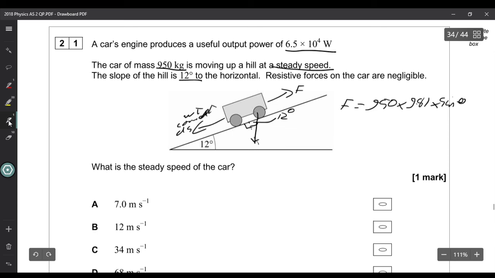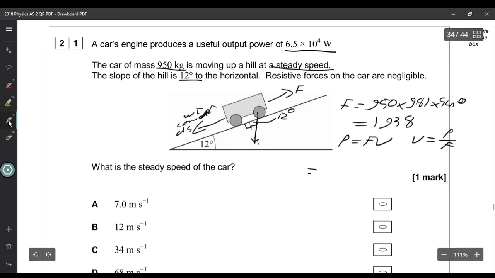So this is going to be the component of the weight down the slope, and that comes out to be 1938. Okay, we also know that P equals FV, so V equals P over F.